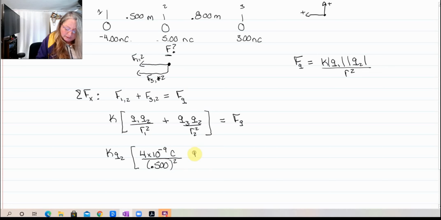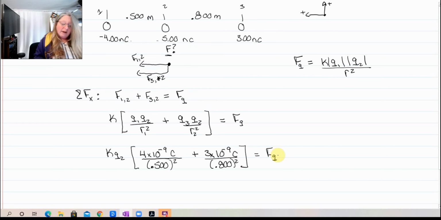And then plus Q3, our 3 times 10 to the negative 9, that's nanocoulombs, divided by the distance between those two, which is 0.800 squared. And that is going to equal our FQ.